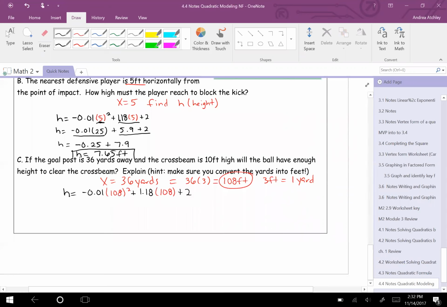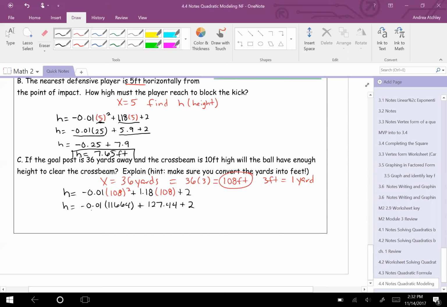Okay. So we have to square 108 first. So we're going to have our height equals negative 0.01 times 11664 plus 127.44 plus 2.